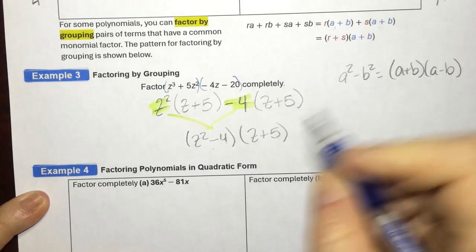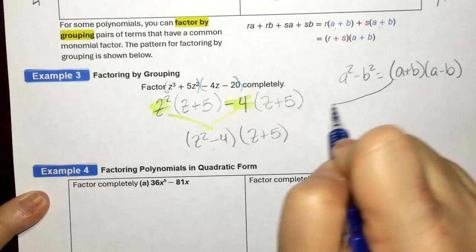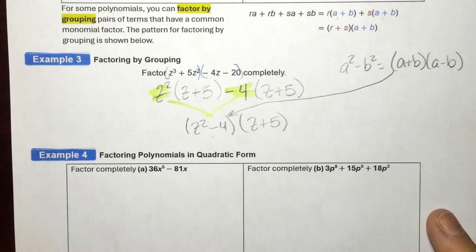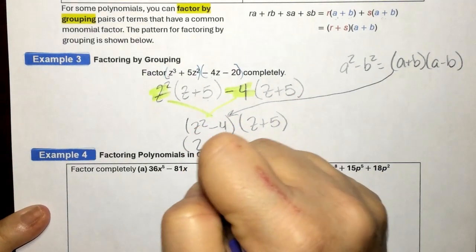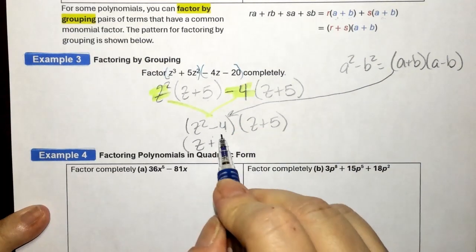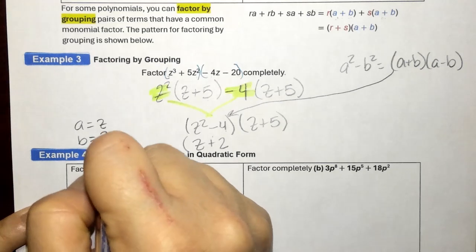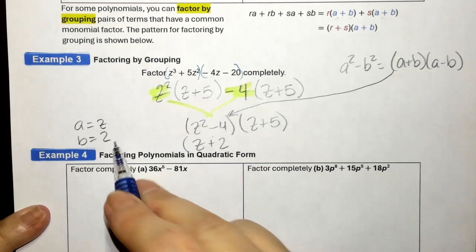So that's what we're going to do with this one. So if you need to make a little note, how did Miss Gill go from that to that? This is how. All right, so we're going to rewrite this one then as z plus 2, because remember, in this case, our a value would be z, our b value would be 2, because the square root of z squared is z, square root of 4 is 2.